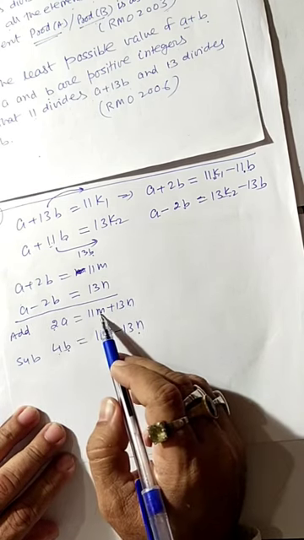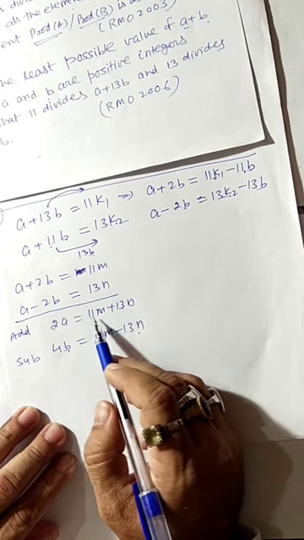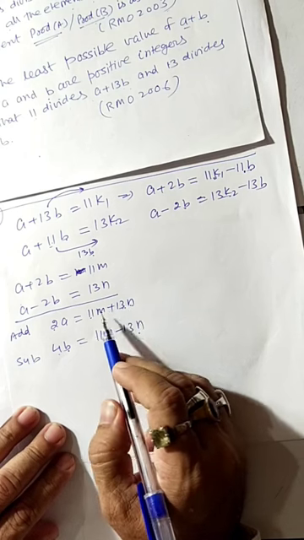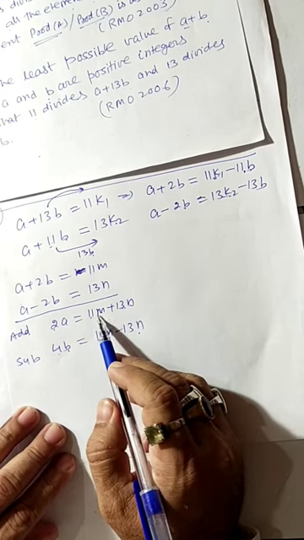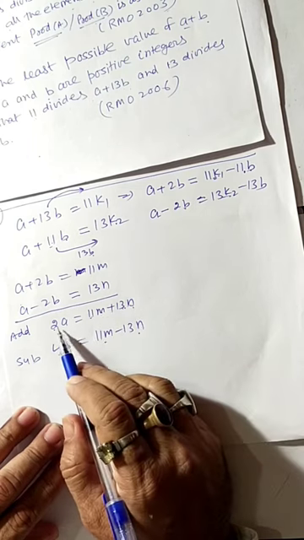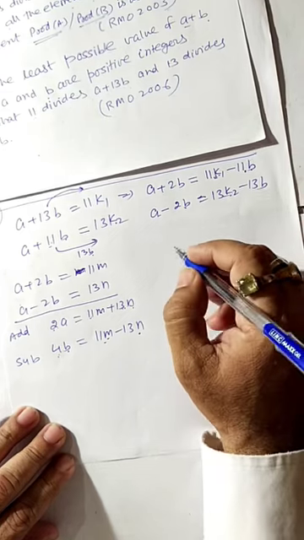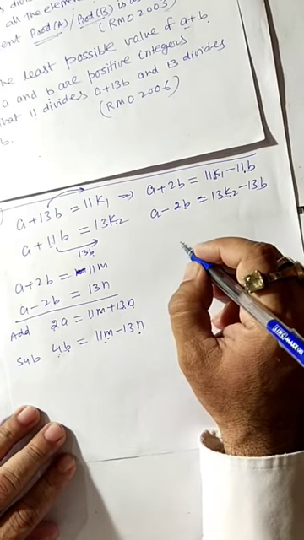So one thing is that for 11M and 13N, either both numbers should be even or both numbers should be odd, so that even plus even is a multiple of 2 and odd plus odd is a multiple of 2. Here 11M minus 13N is a multiple of 4. You write the table of 11 and the table of 13.